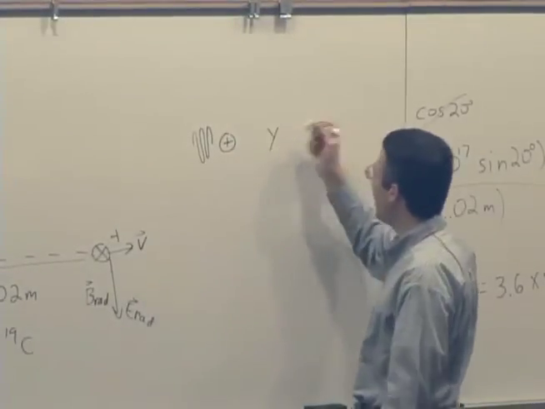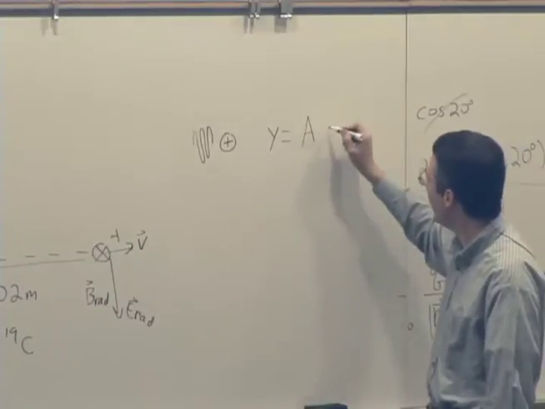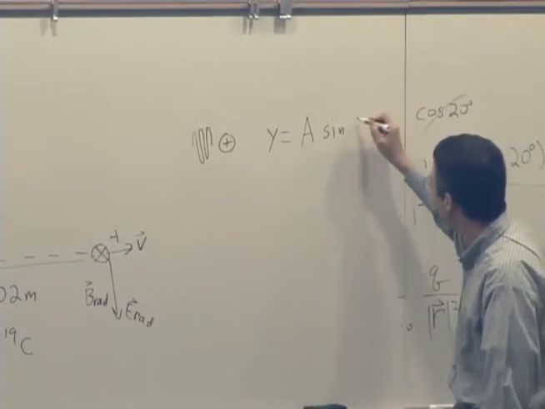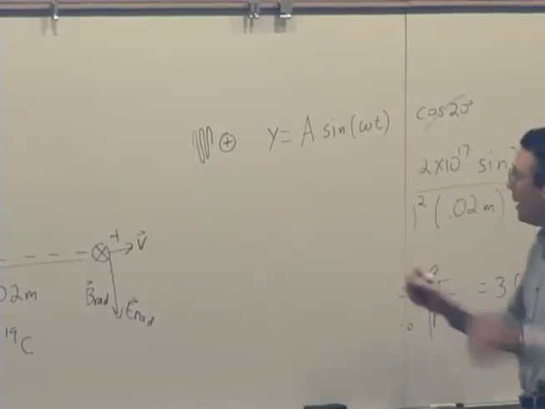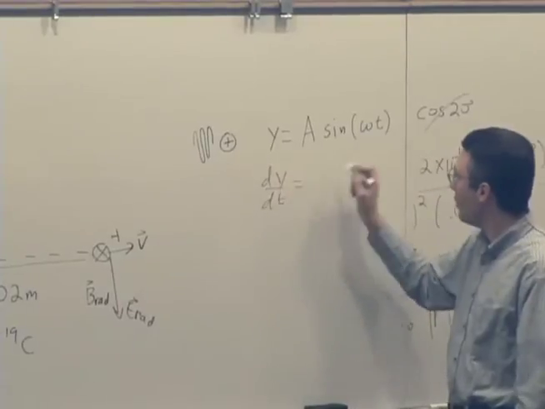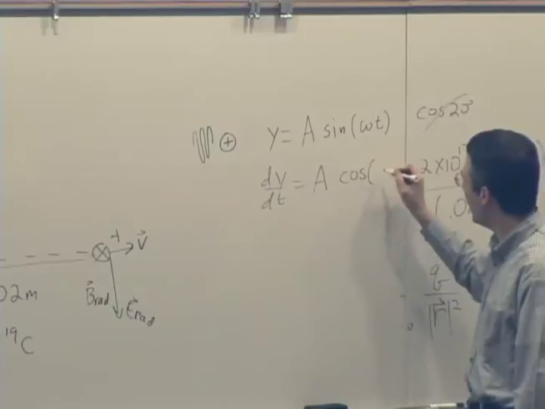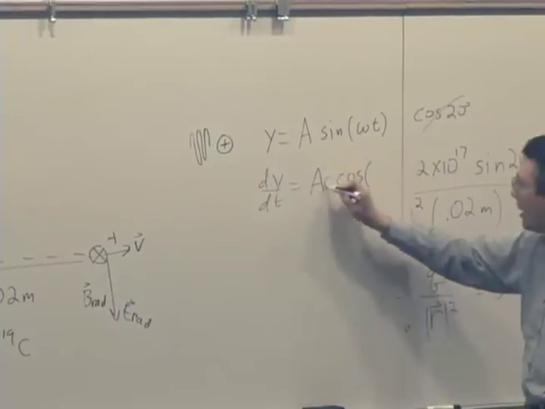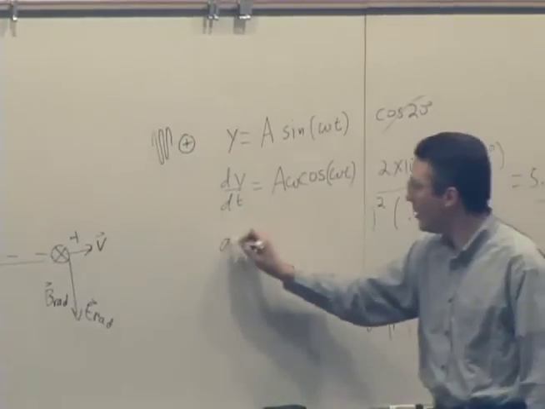You know it's oscillating up and down, so its y position is going to be some amplitude times the sine of omega t, right? And then the velocity of it is going to be the derivative of that. The derivative of sine is cosine, and the derivative of omega t is omega. And then you take the derivative again to get the acceleration, right?